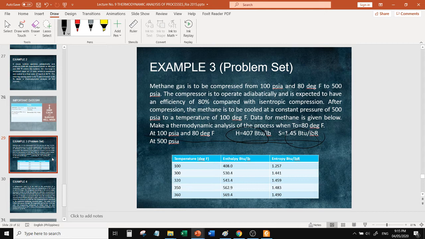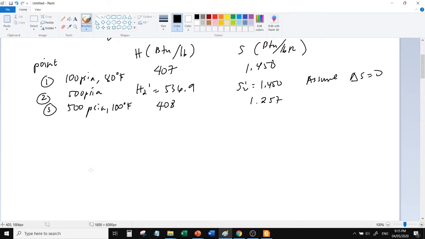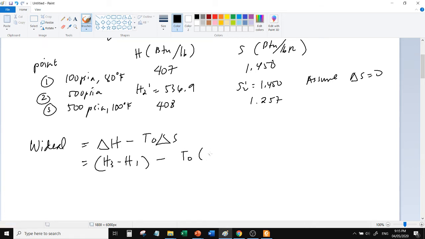So, the ideal work is equal to delta H minus T naught delta S, and this is H3 minus H1. So, from start to end, substitute the values. You substitute. What you will get is this value.